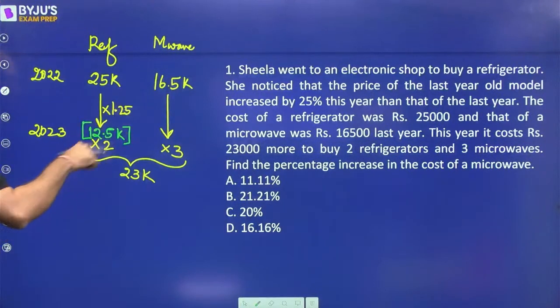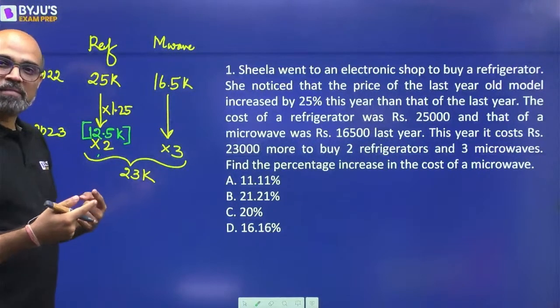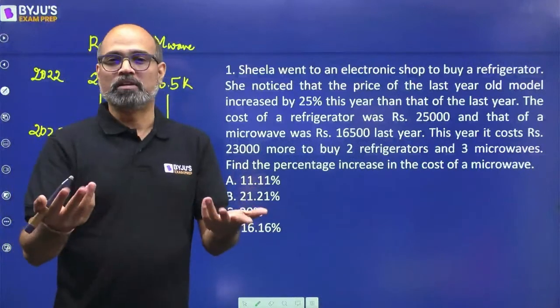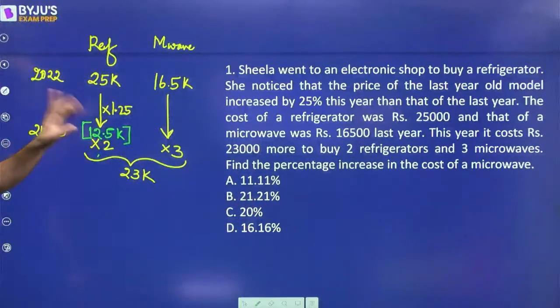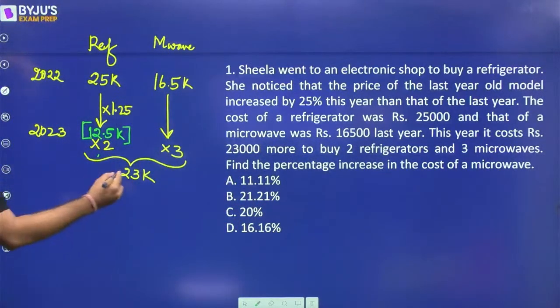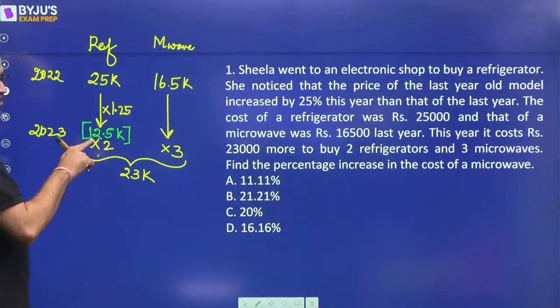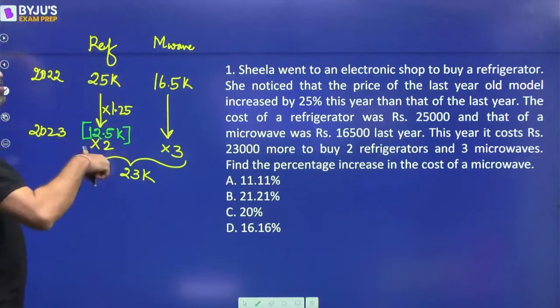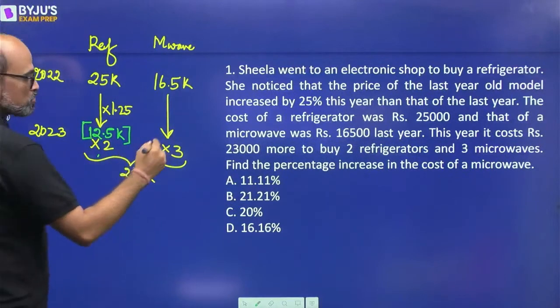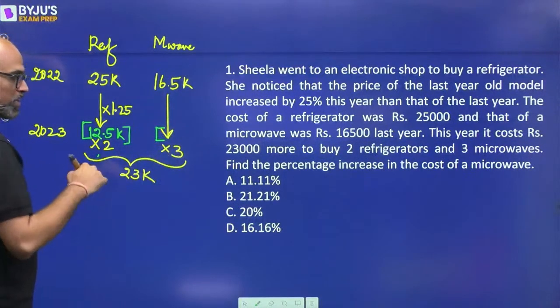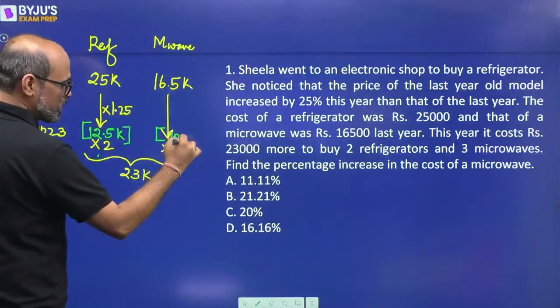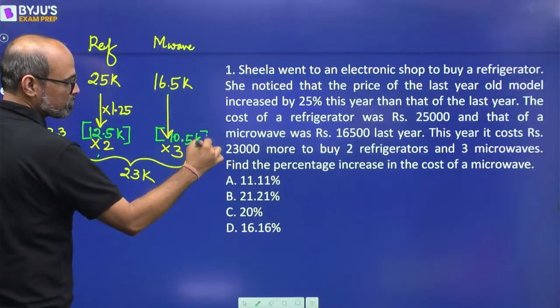Okay, 25% increase on two objects means a 50% increase, right? So 25,000's 12,500 increase, right? The overall change is 23,000. If out of which 12,500 is because of the refrigerators, can we say the remaining 10,500 must have come because of the microwave?